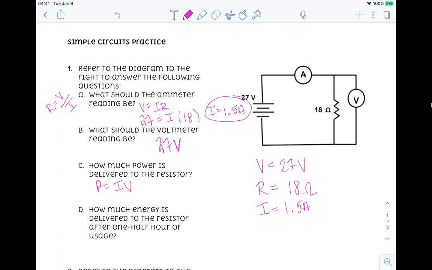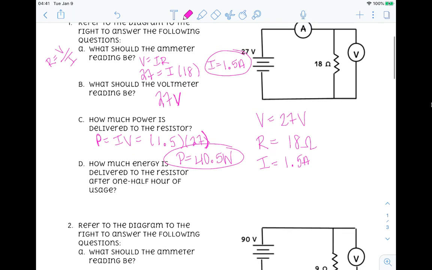We should all get the same answer. So I is equal to 1.5, not 0.15, 1.5 amps multiplied by your 27 volt battery is going to give you a total power of 40.5 watts.